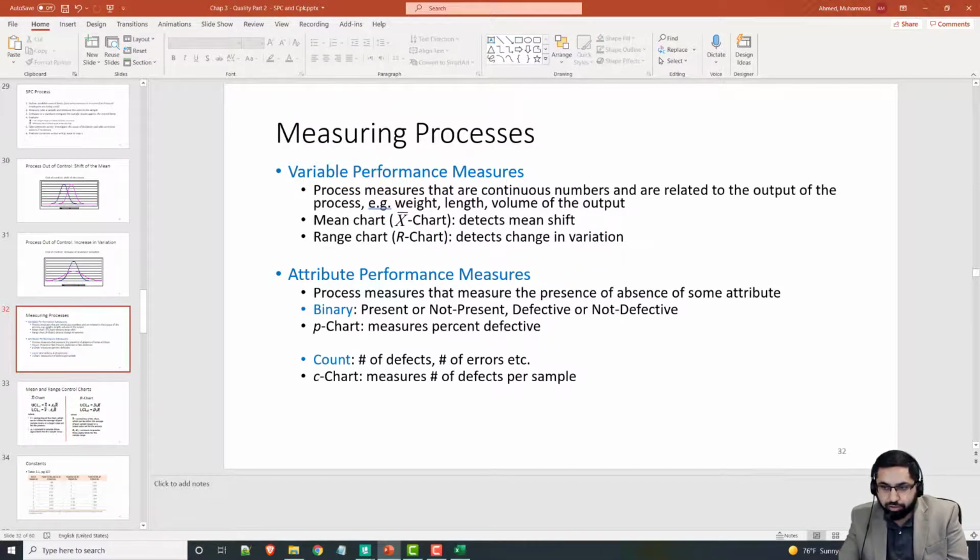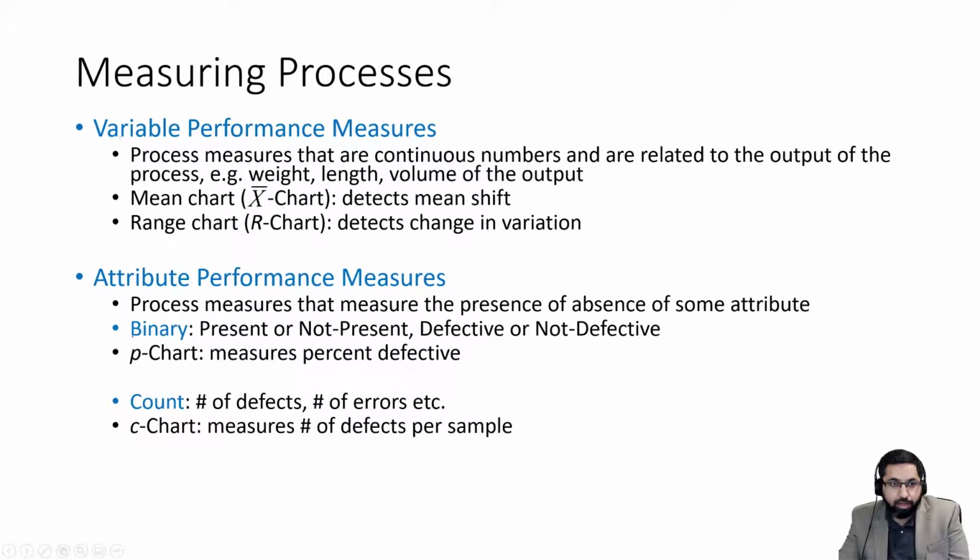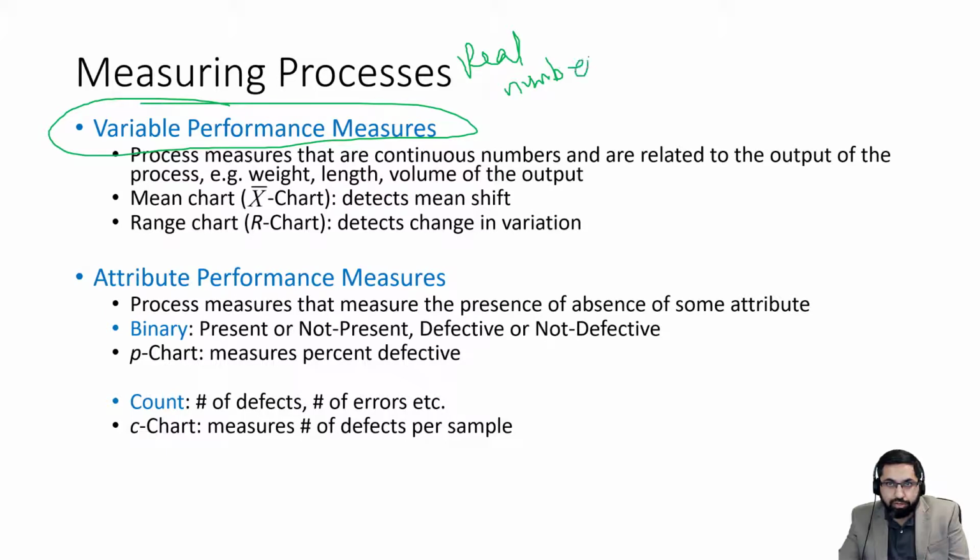So we have three types of control charts that we're going to study here. Okay. If the output of the process you're measuring is a real number, what is a real number? Meaning that it can take fractions, it can accept values above 0, above 1. So, if you're measuring weight, you may get like 200.75 grams, or you may get 212.3 grams, right?